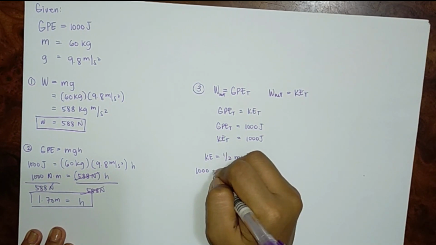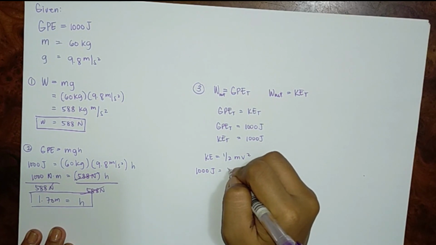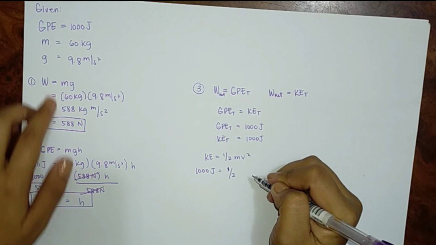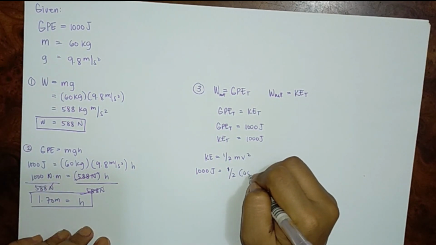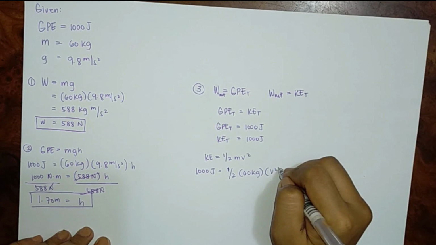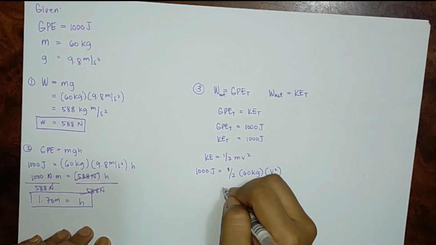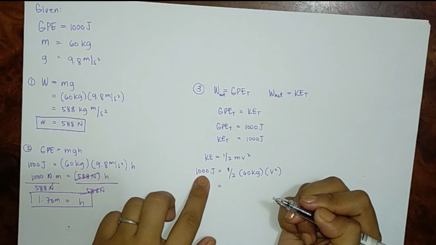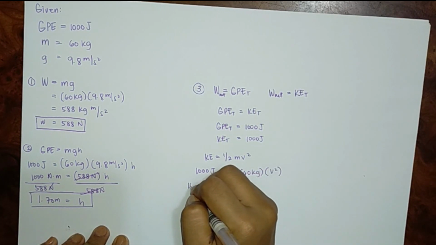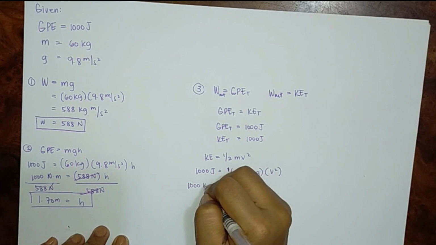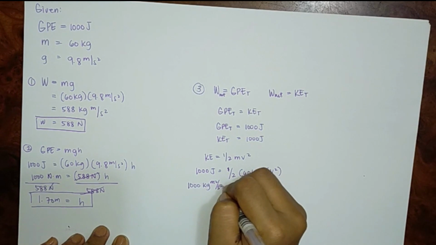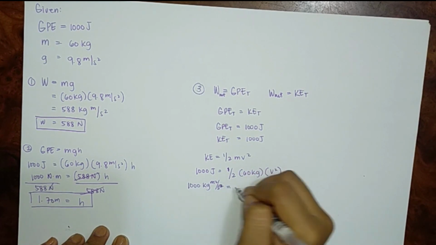So KE is equal to 1000 joules, equal to 1 half times your mass, which is 60 kilograms, times v squared. Okay, so we are going to expand this unit for joules. We have 1000 kilograms meter squared per second squared.